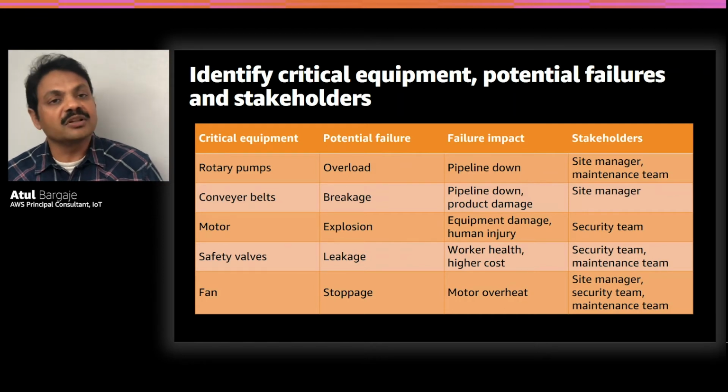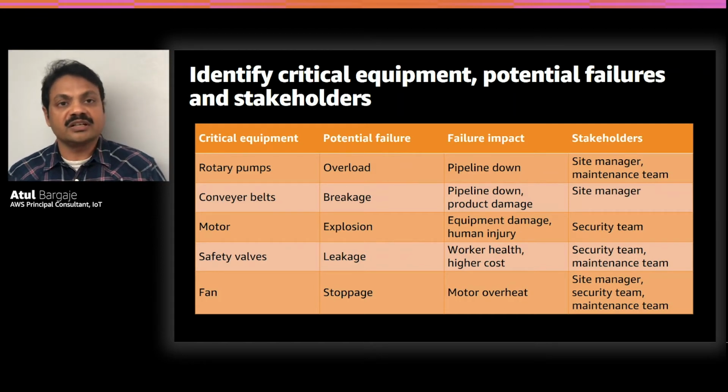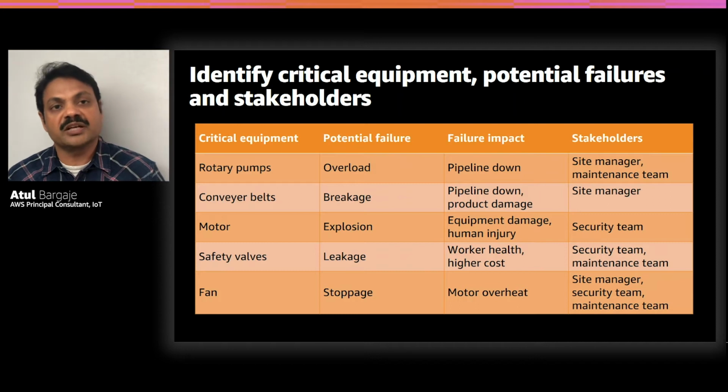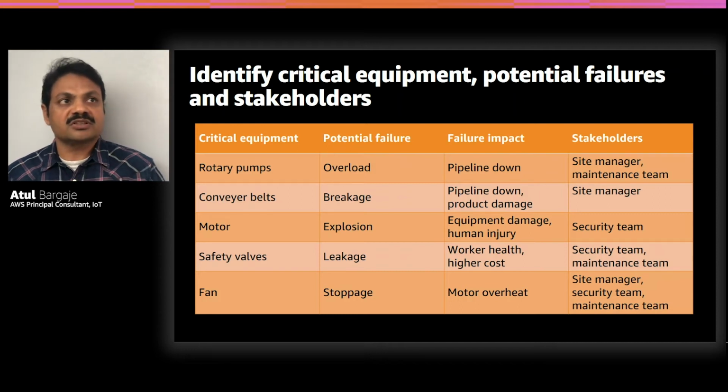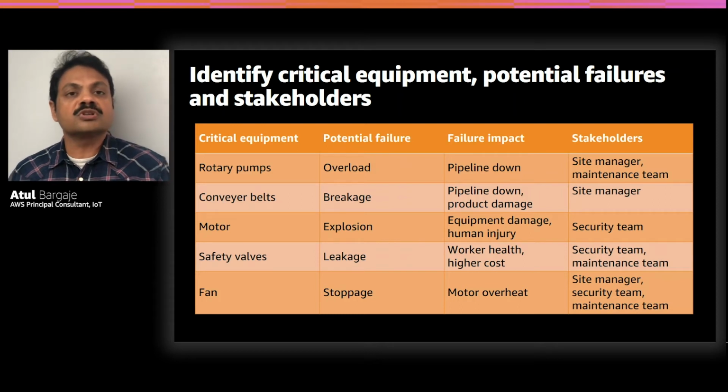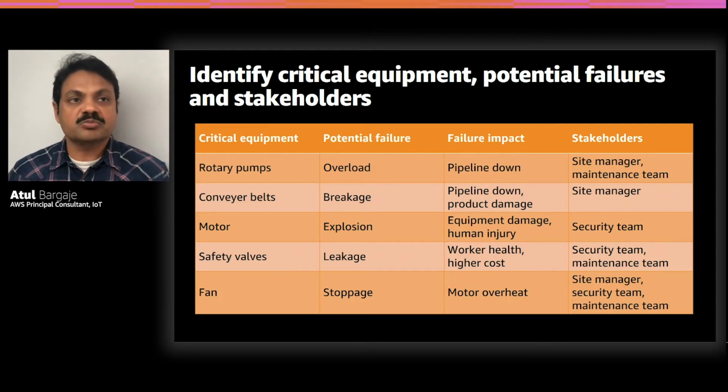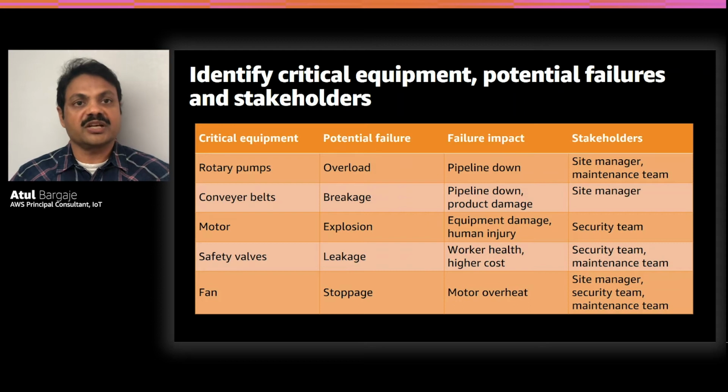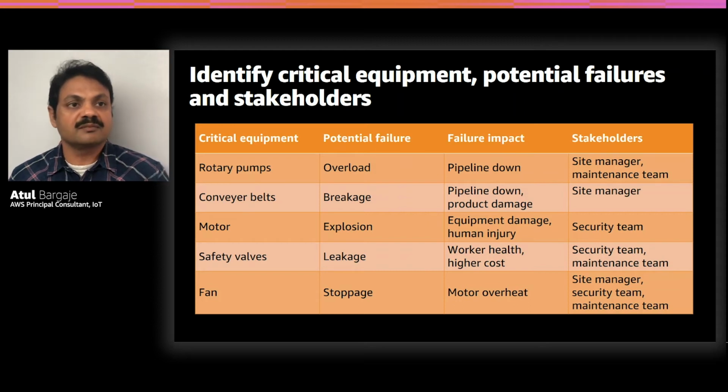To give an example, in an oil refinery, if you have a rotary pump which is connected to a pipe which forms a critical equipment, start with identifying the rotary pump and then talk to the stakeholders associated with that equipment. Talk to site managers and maintenance persons responsible for this equipment. Add instrumentation to this critical equipment to start gathering data.